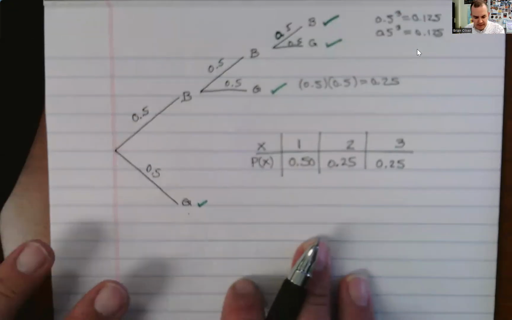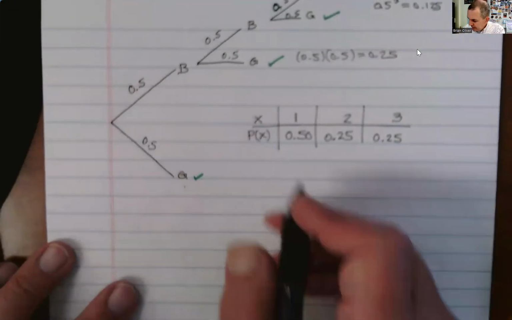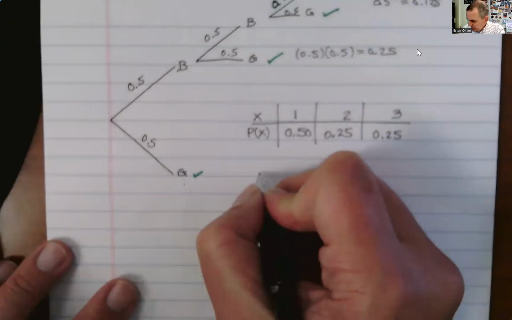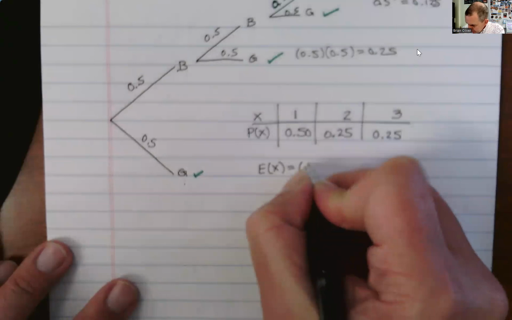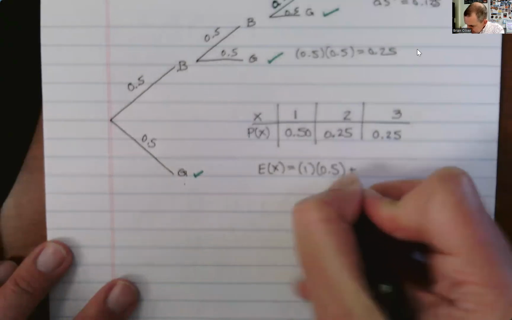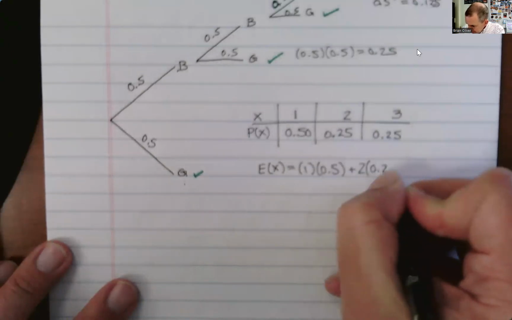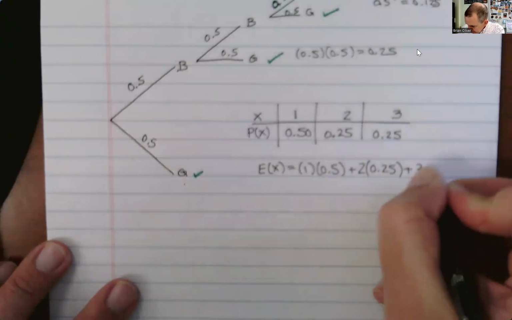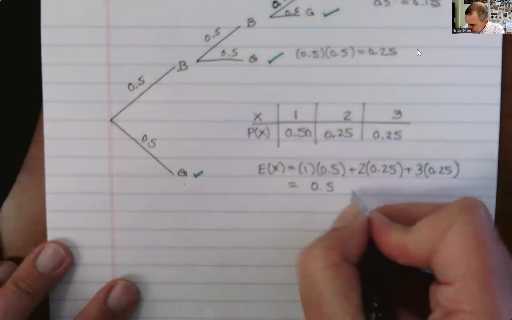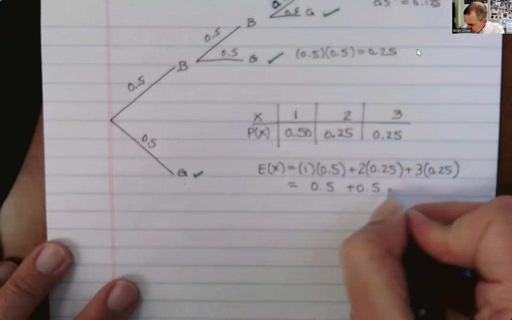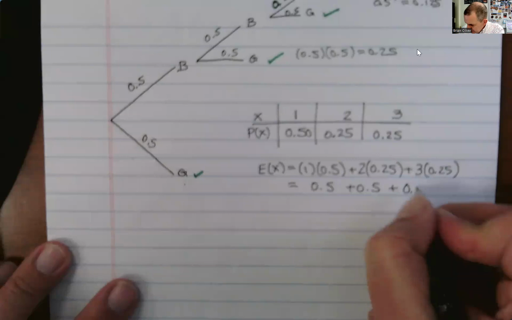So again, what is the expected number of children they'd have in this family? The way we do that is the expected value would be 1 times 0.5 plus 2 times 0.25 plus 3 times 0.25. So realistically, it's going to be 0.5 plus 0.5 plus 0.75.